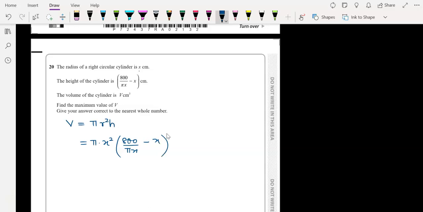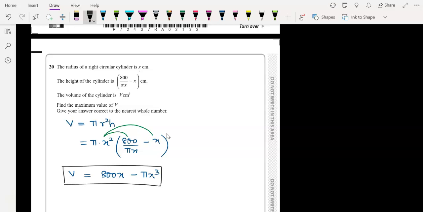Now when we expand the bracket, we need to multiply pi x squared to the first term and pi x squared to the second term. When you multiply pi x squared with 800 over pi x, pi x will get cancelled, you're left with 800x, minus pi x squared with x will give me pi x cubed. So this is the formula for V in terms of x.